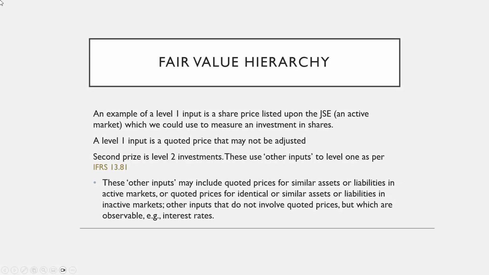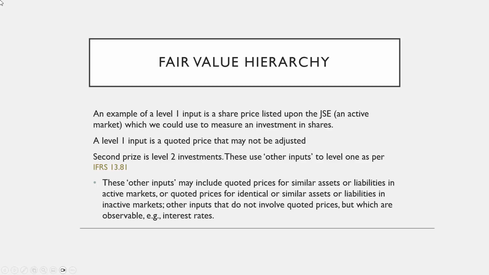As I said, an example of a level 1 input is a share listed on the JSE, which is an active market. And we would use this to measure an investment in shares, for example. Level 1 input, quoted price, it's not adjusted because there's an actual active price in an active market.